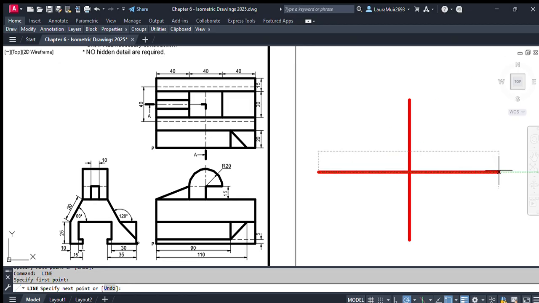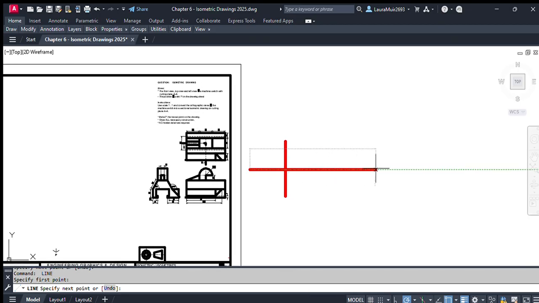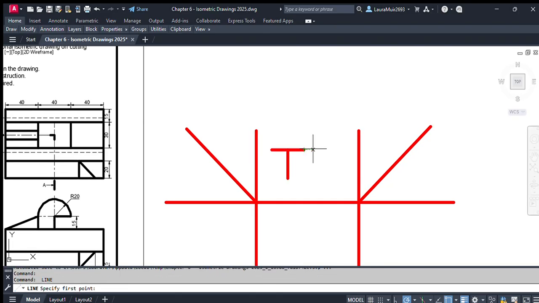if we follow the logic of isometric projection, okay, this here is my top view.